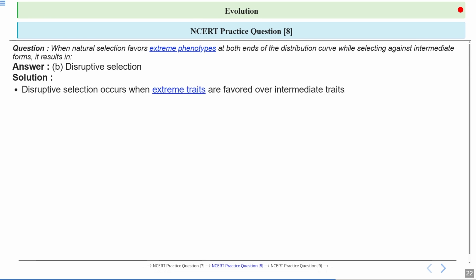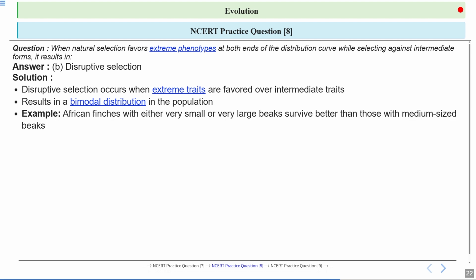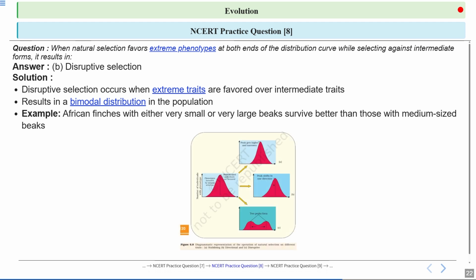So disruptive selection occurs when extreme phenotypes, extreme traits, are favored over the intermediate traits. So this results in a bimodal distribution in the population. So you will see two peaks here. An example is African finches, where either very small or very large beaks survived better than those with medium sized or average sized beaks.